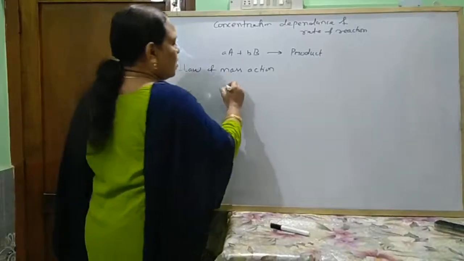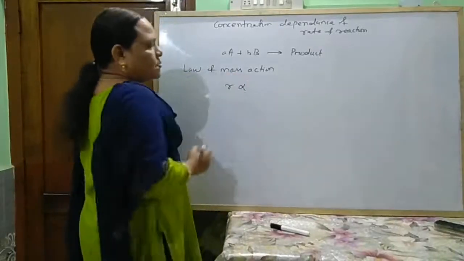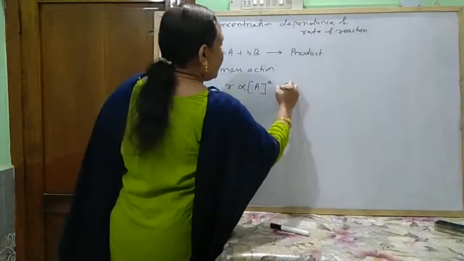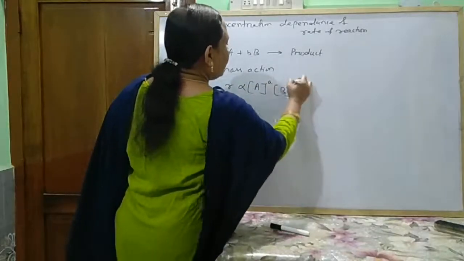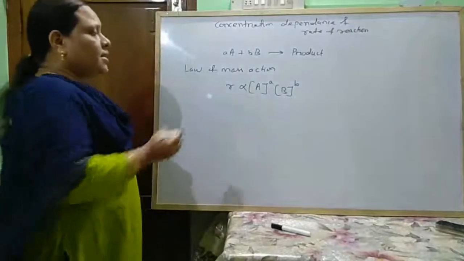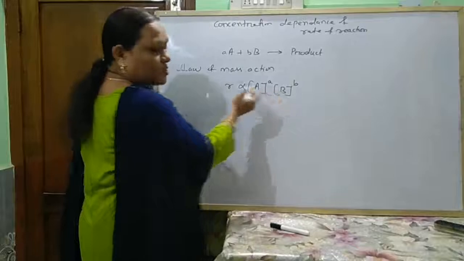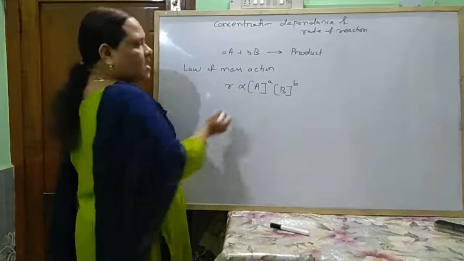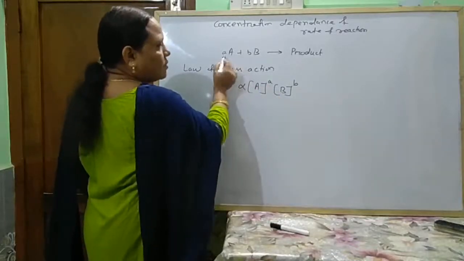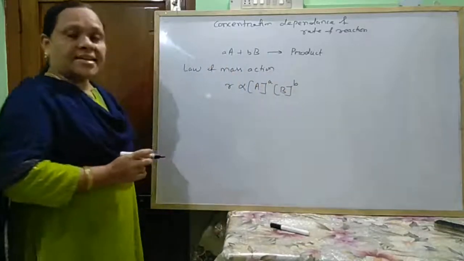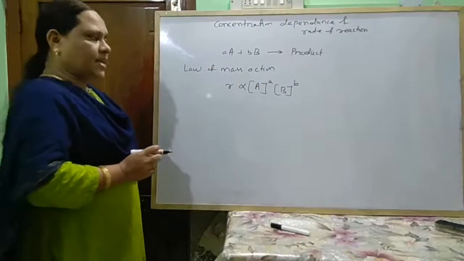Then according to the law of mass action, R is proportional to [A]^a [B]^b. That is, the rate of reaction is proportional to the product of molar concentrations of the reactant species, each term raised to the power equal to its coefficient as represented in a balanced chemical equation.